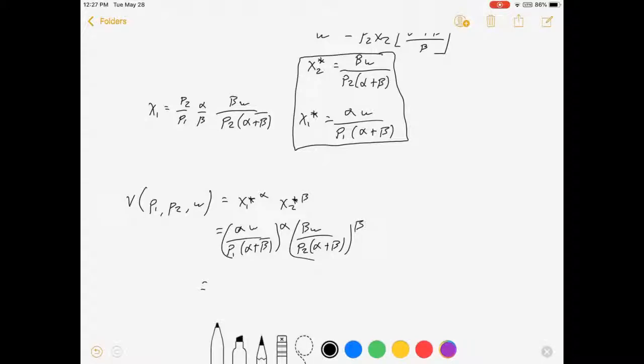We can combine some like terms here. We'll get W over alpha plus beta, all raised to the alpha plus beta, times alpha over p1 to the alpha times beta over p2 to the beta.